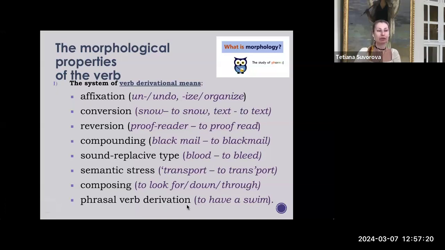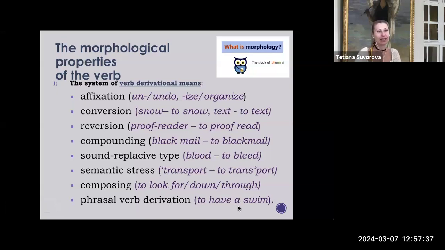And phrasal verb derivation: to have a swim. It's typical for both languages, by the way, and in the Ukrainian language it's also considered to be a class up, a higher style of language.